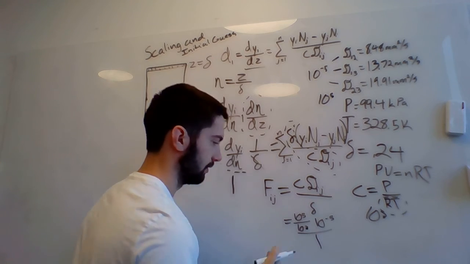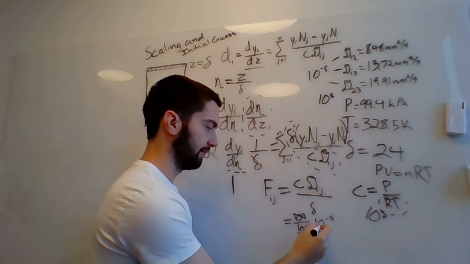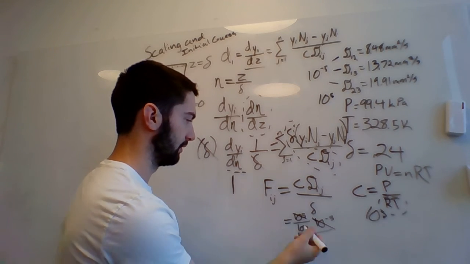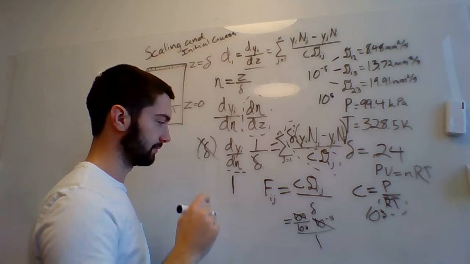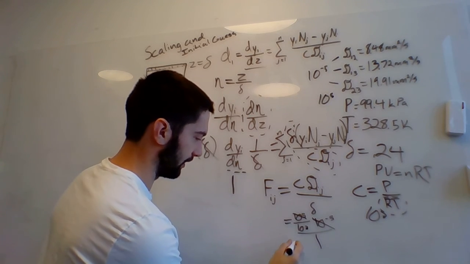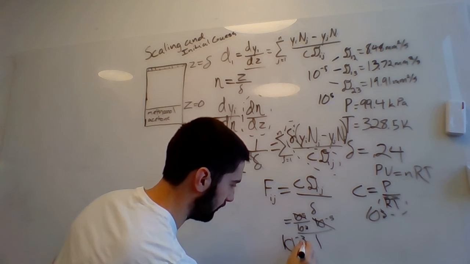And delta is 1. So the 10 to the 5th times 10 to the negative 5th will cancel out, and we're left with the variable we introduced, our denominator, which is an order of magnitude of 10 to the negative 3rd.